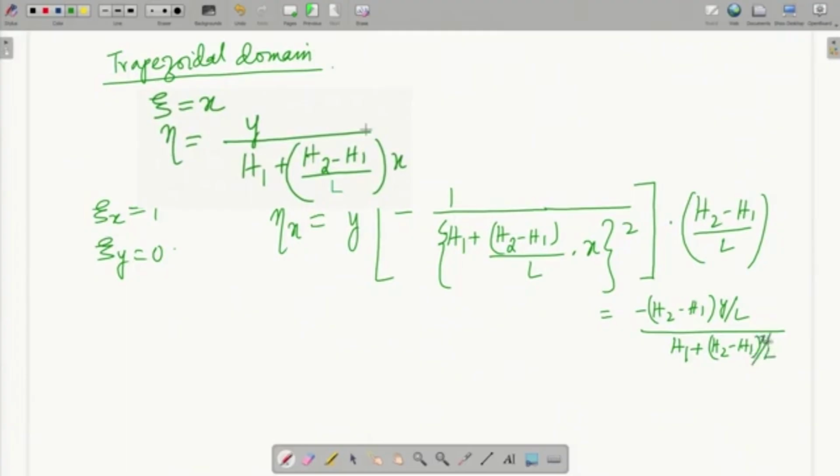Similarly, eta_x will be like this, so there will be an x here, and eta_y will be like this.